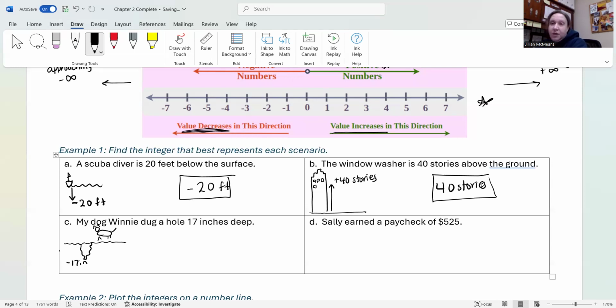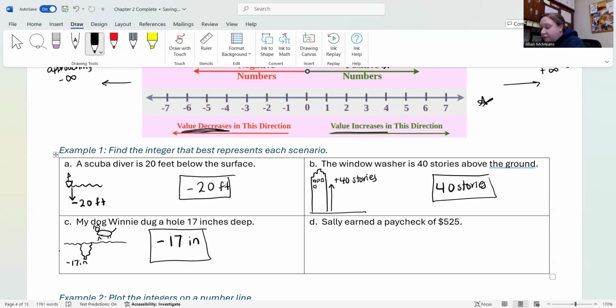You could say that you go down a distance or you can go up a distance. Generally speaking, distance is positive. But in this case, we're going to say that she dug a hole that was 17 inches deep. So the best integer to represent that would be 17 inches. And we usually use the unit inches in abbreviated form as just IN. So sweet Winnie digging her holes 17 inches deep.